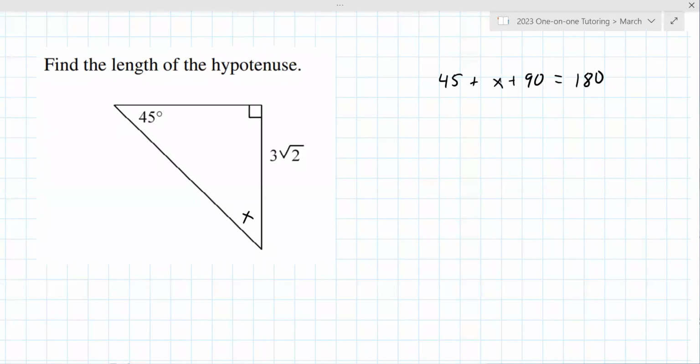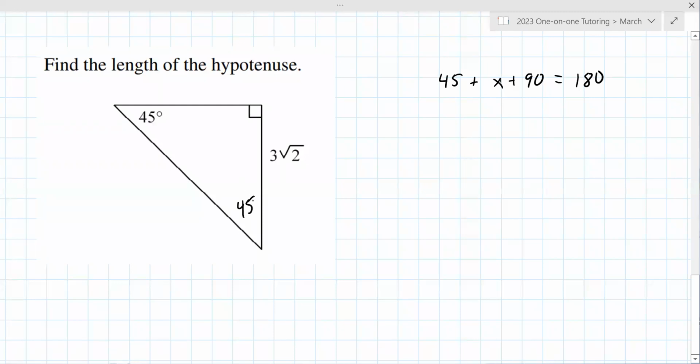For x, of course. 45 plus x. It is 45. So the missing angle here is 45. Do you see that? Yep.